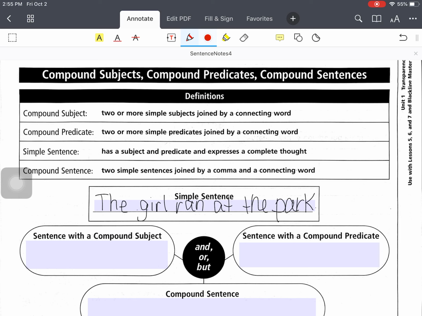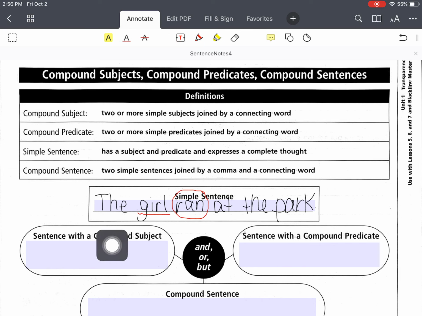And I know that the sentence is about the girl. So girl is the subject. And then I have to ask, what did the girl do? And the answer to that is the girl ran. So ran would be the predicate. And just like our example for simple sentence, it has 1 subject and 1 predicate. Okay, so that's a simple sentence.